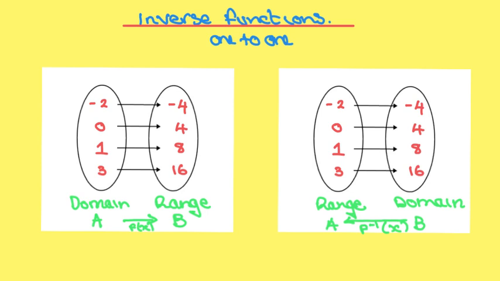In this case, you would have to restrict the original domain in order to get an inverse function. So remember, when dealing with an inverse function, the old domain becomes the range, the old range becomes the domain, and it only works for a one-to-one function.